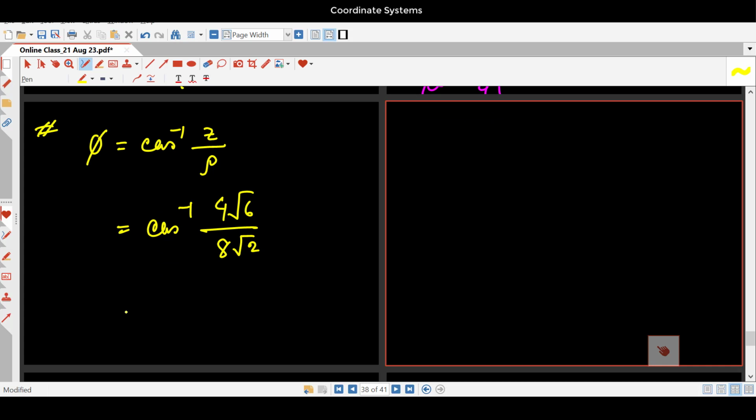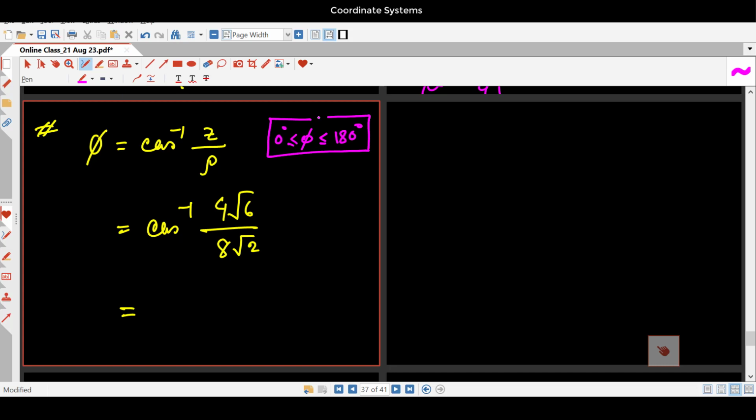So now we have to simplify this. So remember, phi for this point conversion has a restriction. Phi should be in between 0 degree to 180 degree. If we are not getting the angle in this region, then we have to adjust.